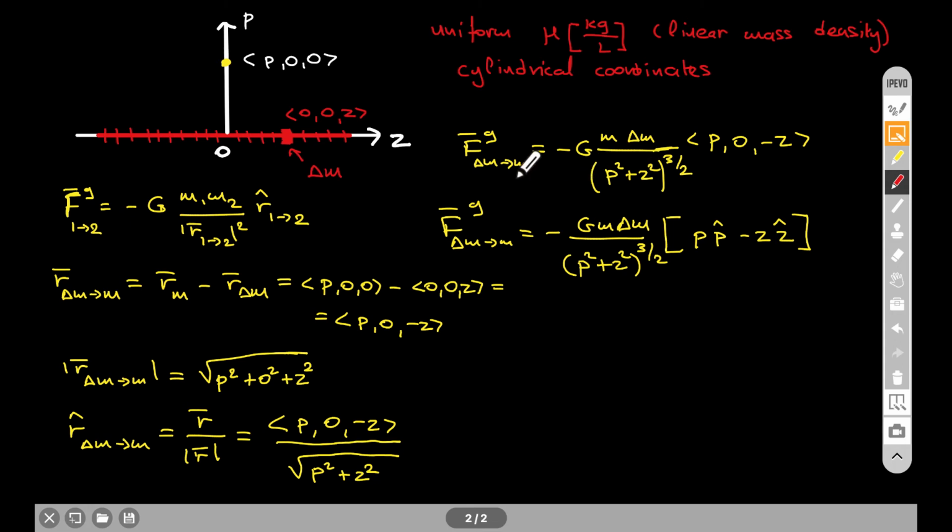And then I'm modeling each small piece as a point particle, and I'm finding this force. And then, since I'm looking for the force from the entire rod on the point particle, I need to add all of those forces that are coming from all of these small pieces. So adding them means I need to find the sum.